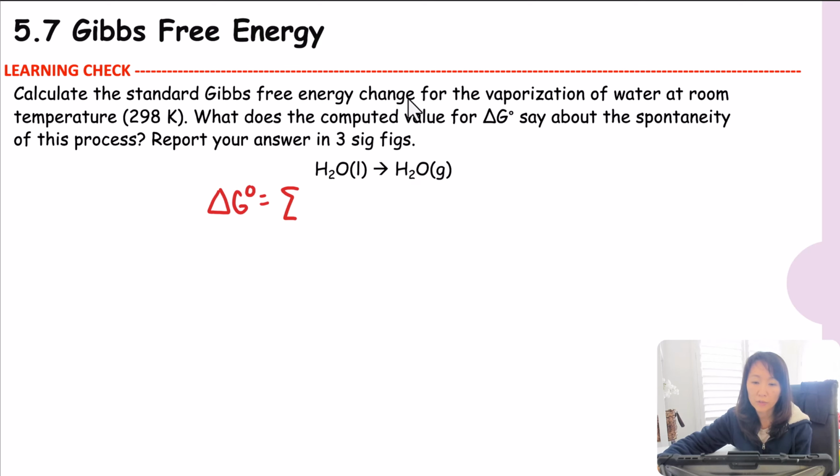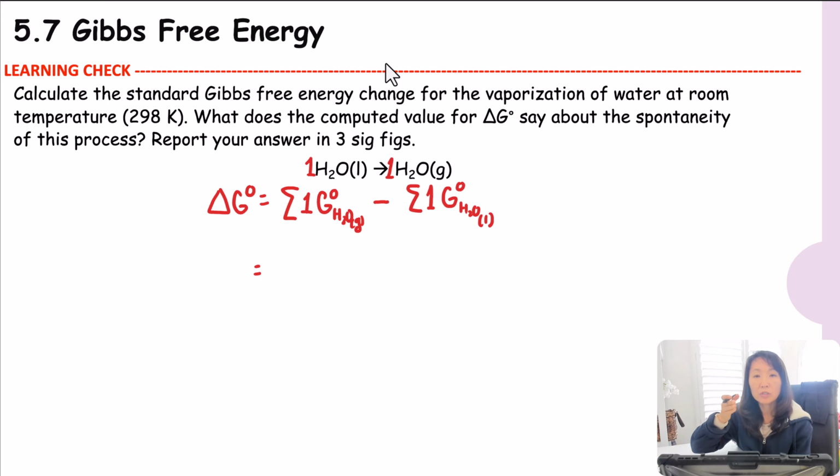My product coefficient is 1 because there's only a 1 there. So here's my 1, and the G naught of H2O gas, right? Minus, because that's the only product that's there. If there's more product, I would add more of the G naught. Now here, this one is 1, and then G naught of H2O, not of gas, but of liquid.